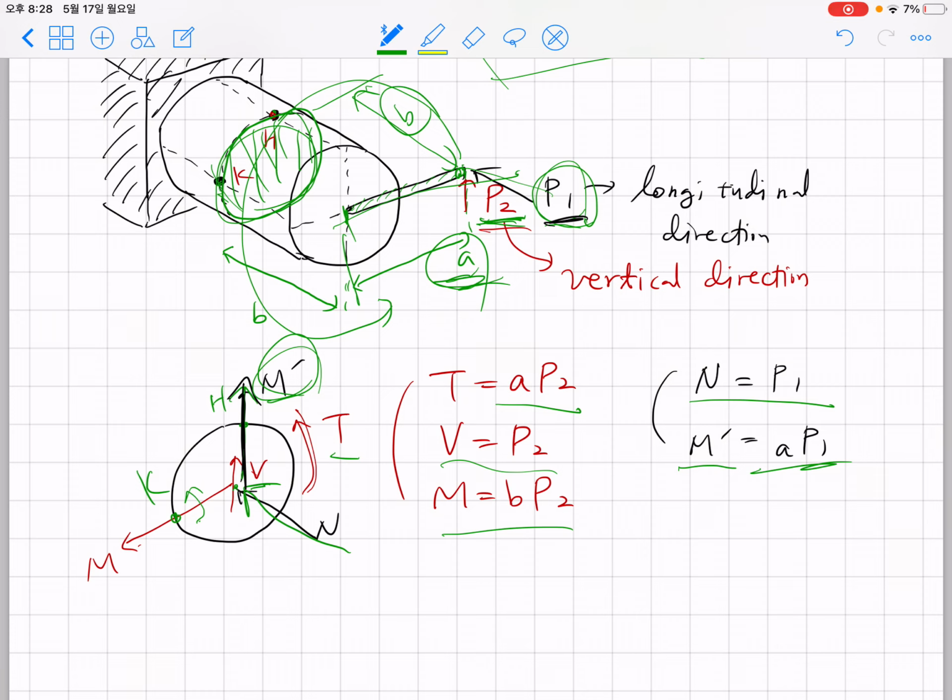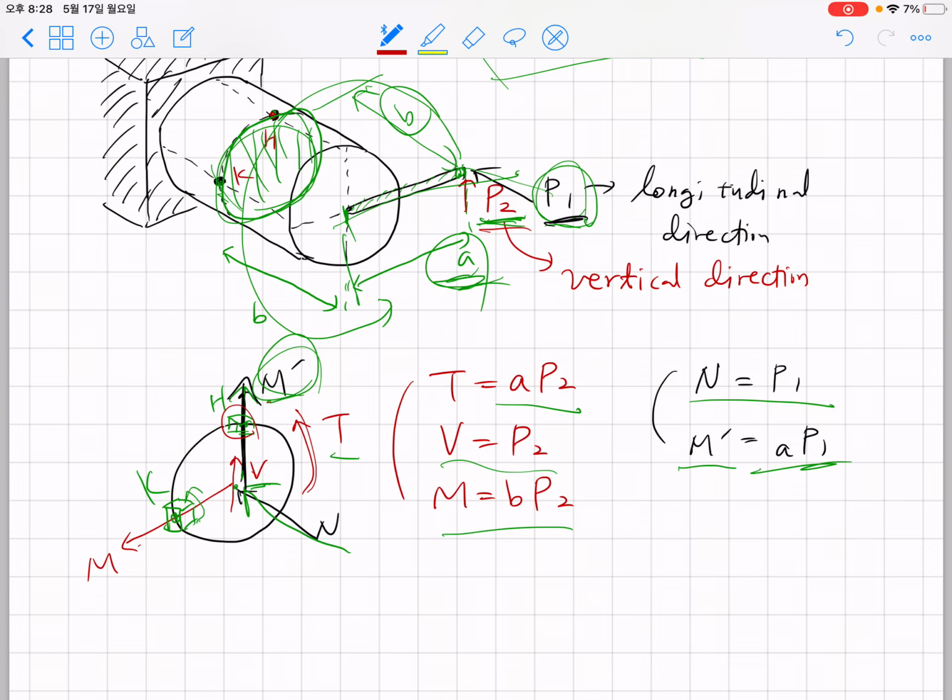So if you consider an infinitesimal volume at K point and an infinitesimal volume at H point, we have combined normal and shear stress. Let's consider H point first. What kind of reactions do we have at H point?